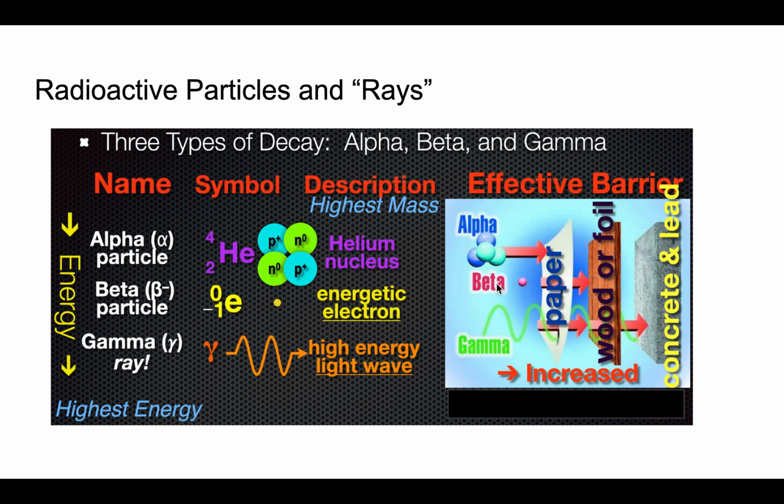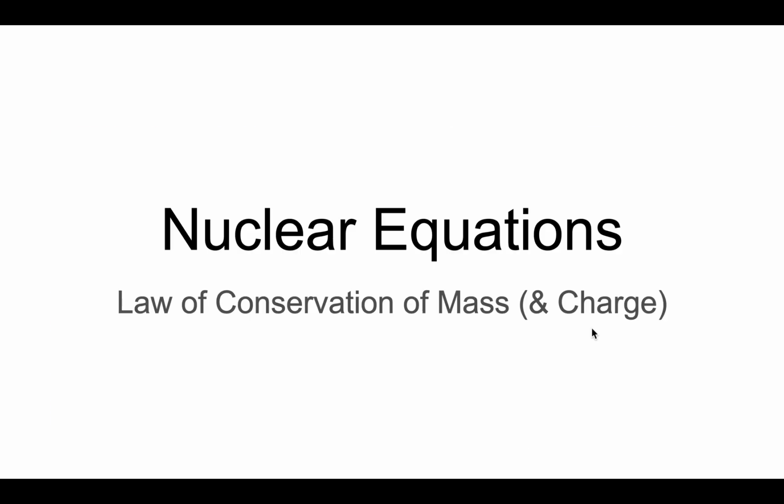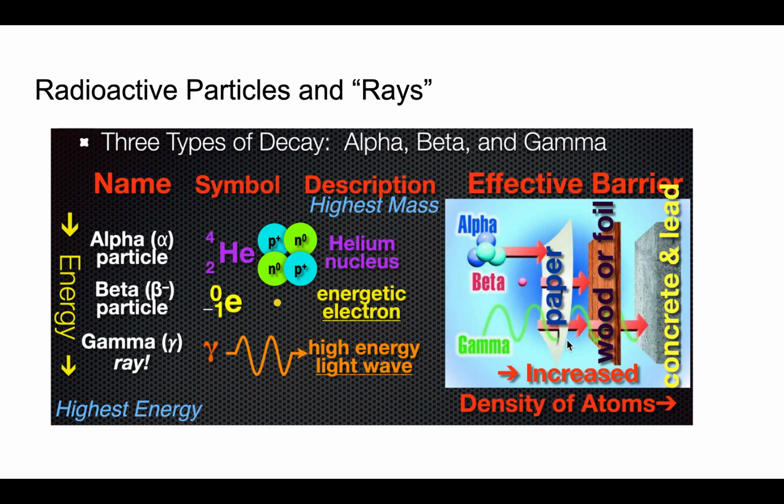If you had a beta particle, it would go through paper but get stuck in a thicker material or a more dense material, like aluminum foil or wood. And finally, the gamma ray would travel through everything and even through feet of concrete. But if you had several bricks of concrete laid next to each other, you could finally stop a gamma ray, or if you had a very thick piece of lead.